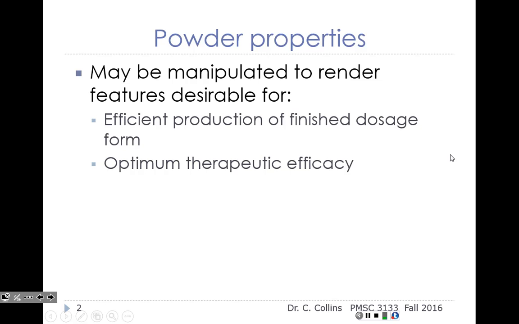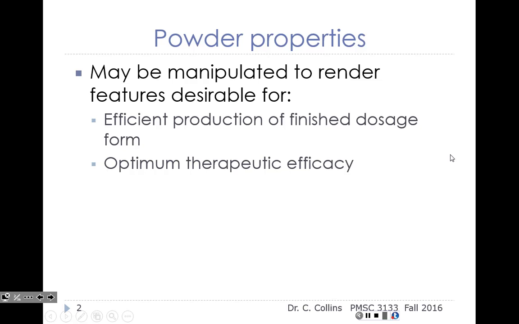We can manipulate these properties to give us the features necessary in order to produce whatever drug delivery system we desire. The processing equipment for a tablet and a capsule are in some ways a little bit alike, but they're pretty different. And the properties for a tablet are a little more rigid than they are for a capsule. A capsule isn't just powder poured into a shell, it actually makes sort of a soft tablet mostly that goes in there.